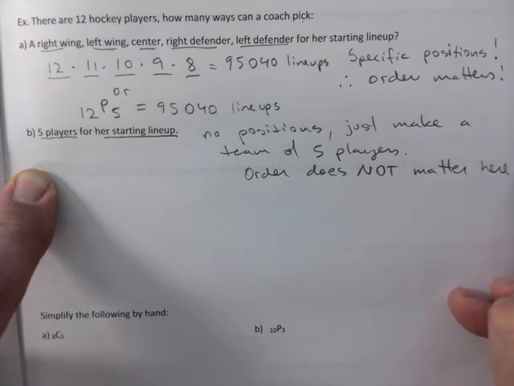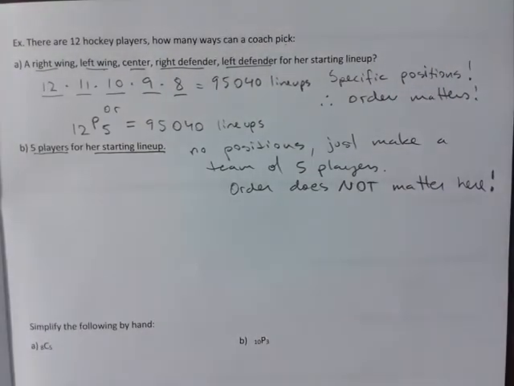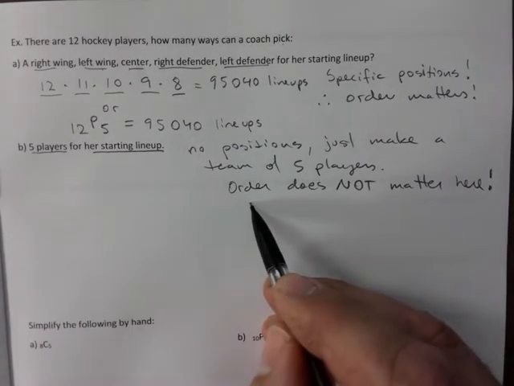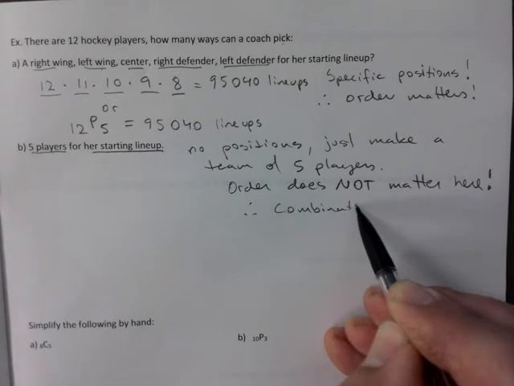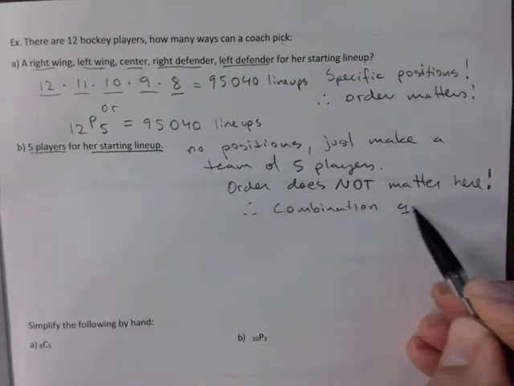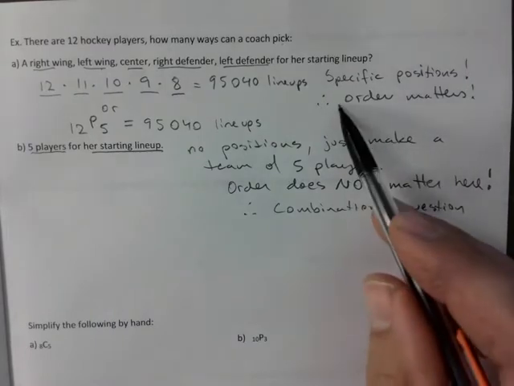So I want you to see it side by side. Let me just zoom out a little bit because you can't see that exclamation. Order does not matter here. Therefore, combination question. Up here, order matters.